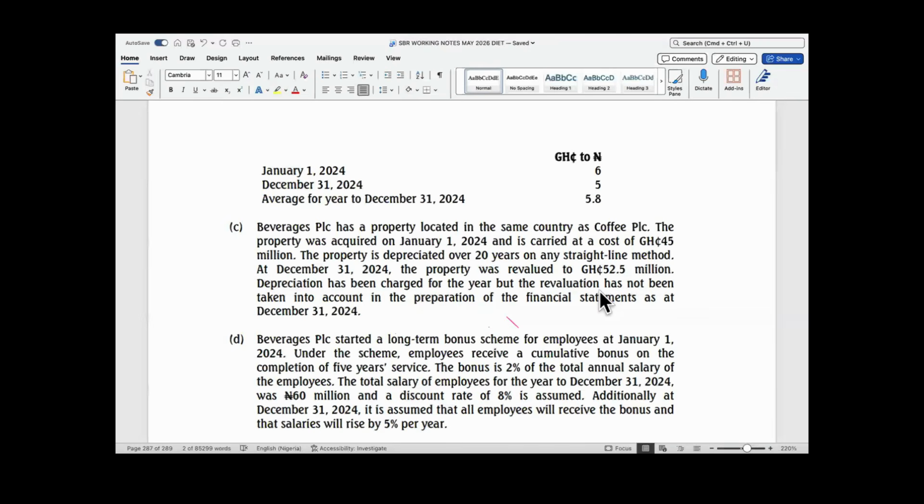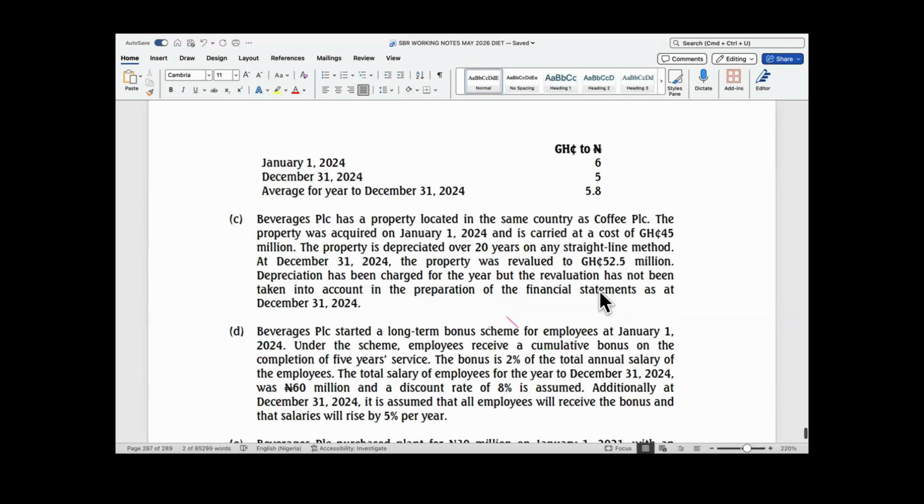Two, since they are not taking account of the revaluation, they will not have captured the resulting revaluation surplus. So I also need to take that into account.